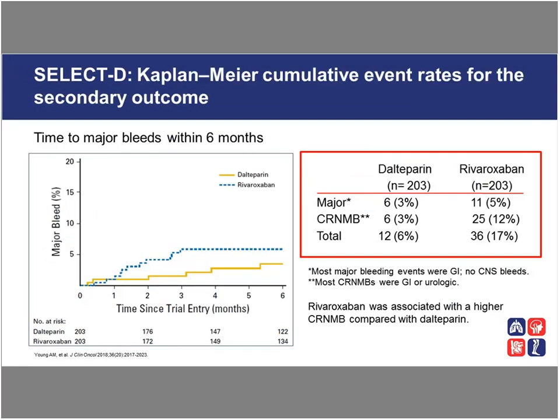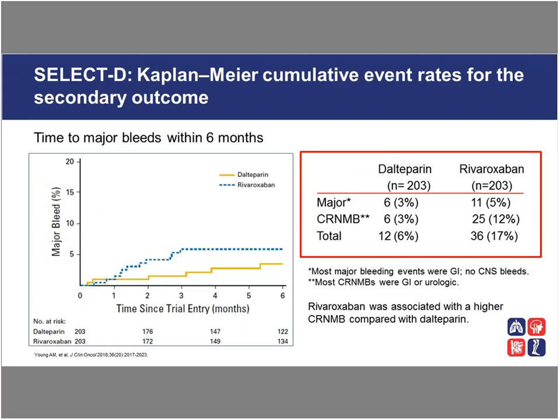When we look at major bleeding in the Kaplan-Meier curves, we see that major bleeding is quite distinctly different between the dalteparin group and the rivaroxaban group, and it seems that there is more major bleeding with the direct oral anticoagulant, in this case rivaroxaban, as compared to low molecular weight heparin, or in this case dalteparin.